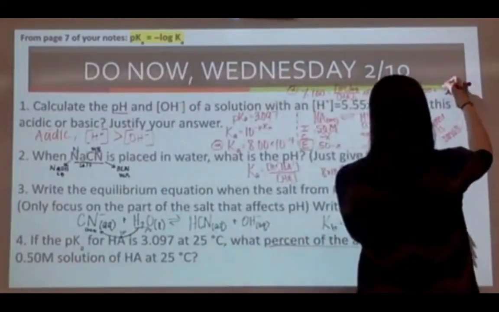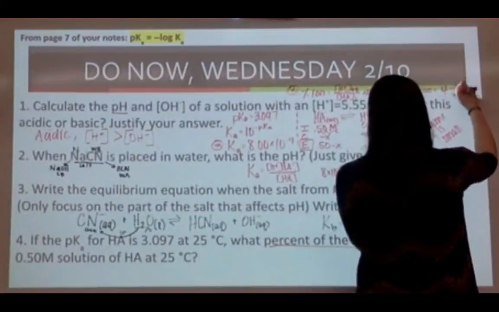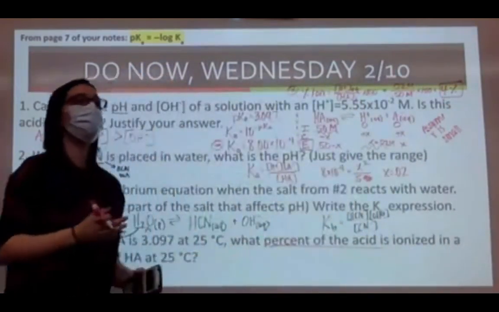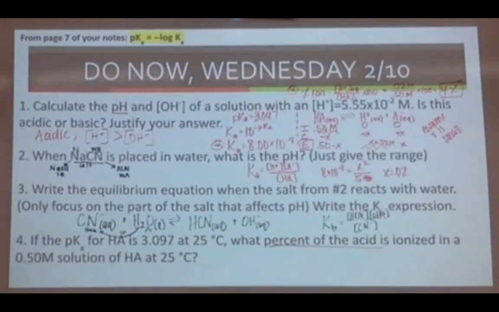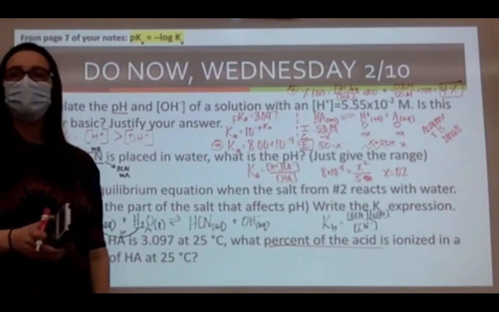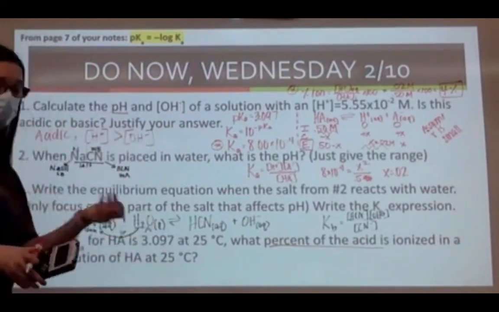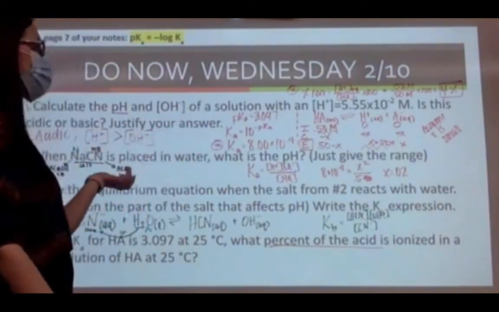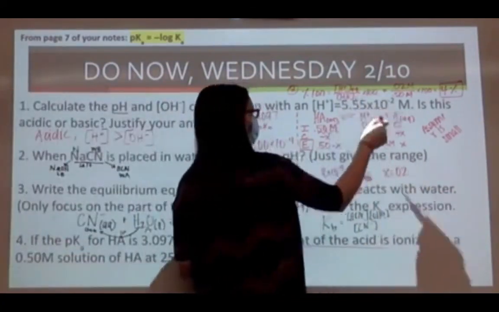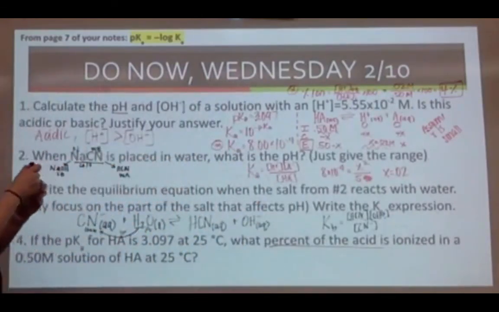This is actually a fairly strong weak acid. It's not a strong acid, but in the example yesterday, if you remember, we calculated the percent ionization to be 0.69%. This is 4%. That means if you have 100 molecules of this weak acid, 4 of them will break apart into H plus and A minus. The other 96 will stay together.